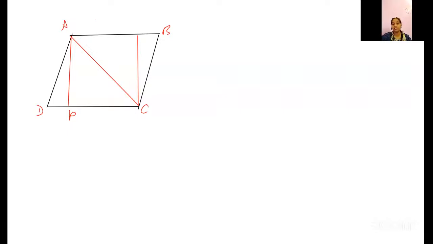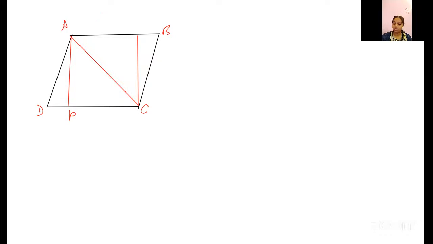So, in this figure, can you see the triangle ADC and ACB? That is this triangle and this triangle, okay? ADC and ACB. So, the area of parallelogram can also be obtained by doing the sum of ADC and ACB.